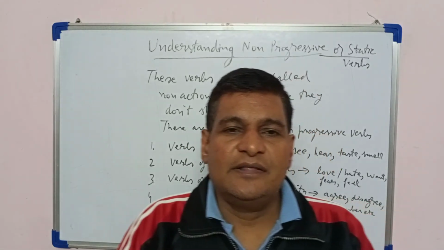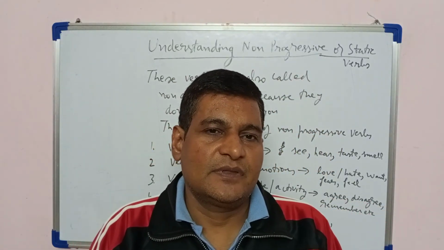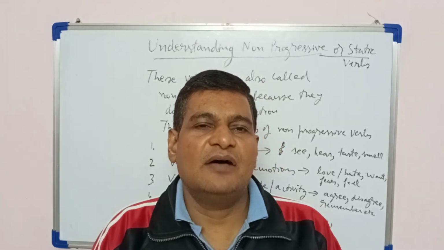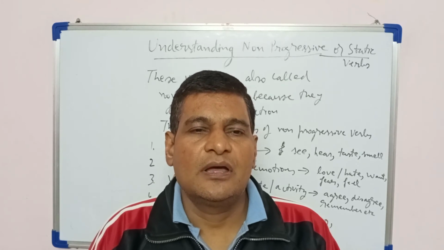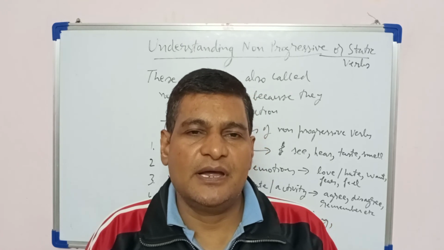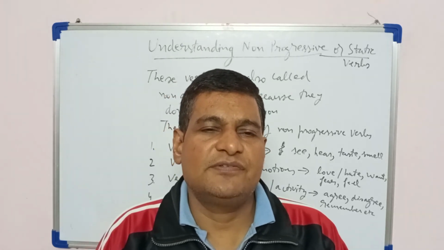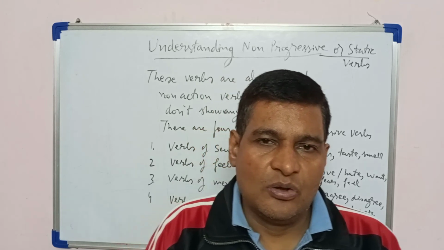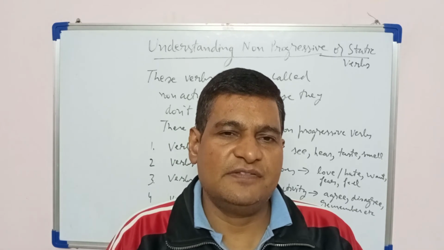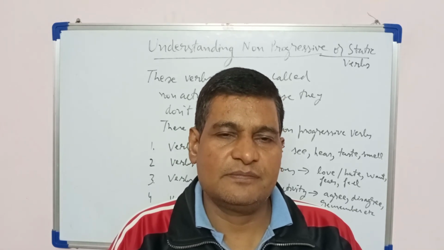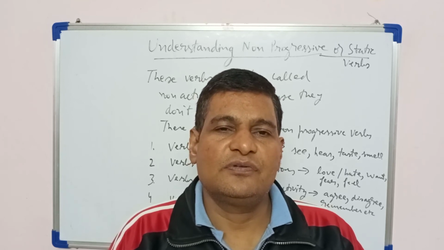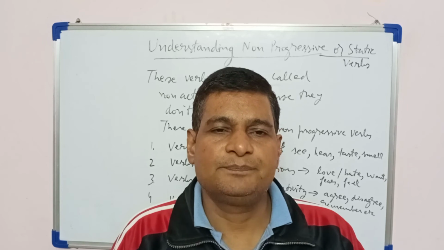In the same way, verbs of feelings are like care, want, desire, love, hate, and verbs of mental state are like remember, recollect, doubt, trust. We can roughly understand that verbs of senses are related to our senses in the body, like our eyes, nose, ear, tongue and skin.